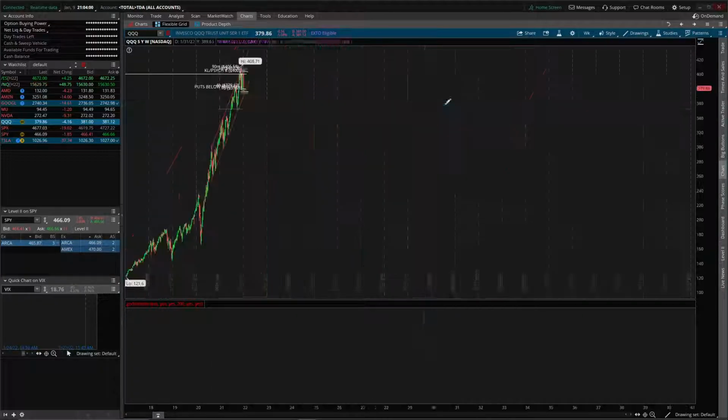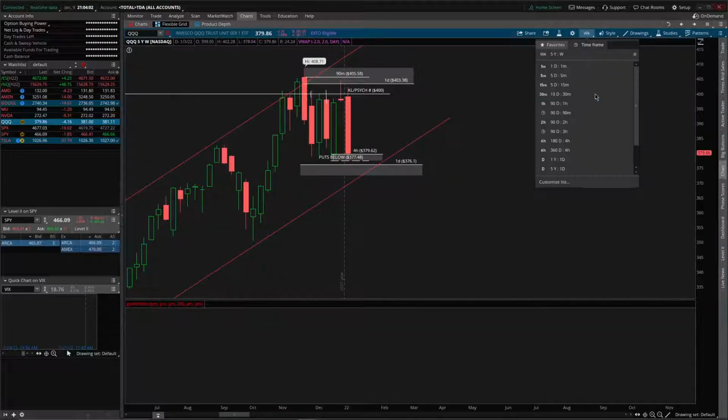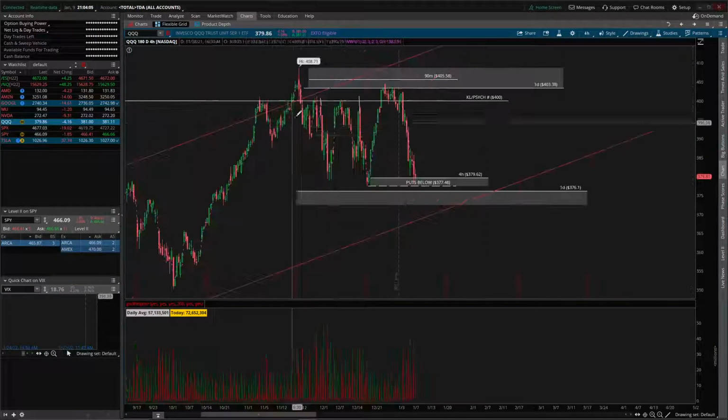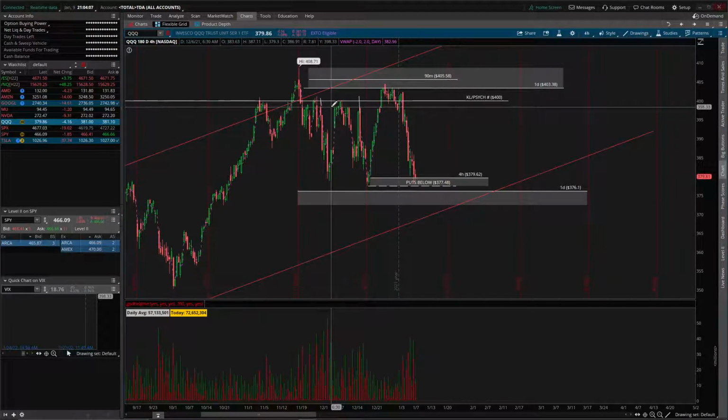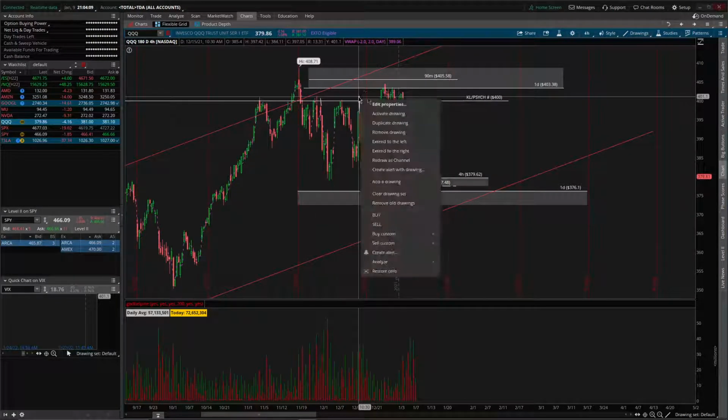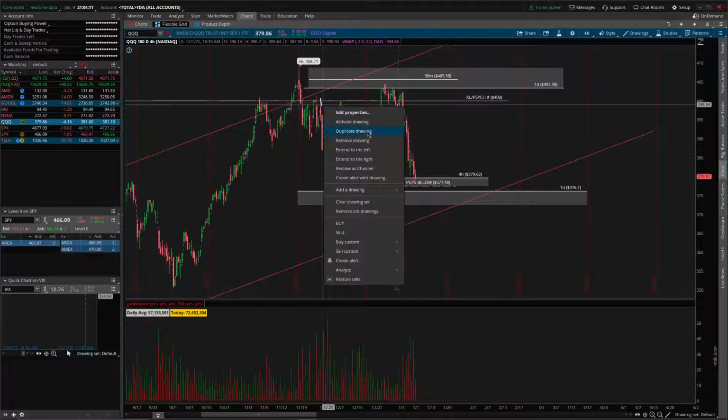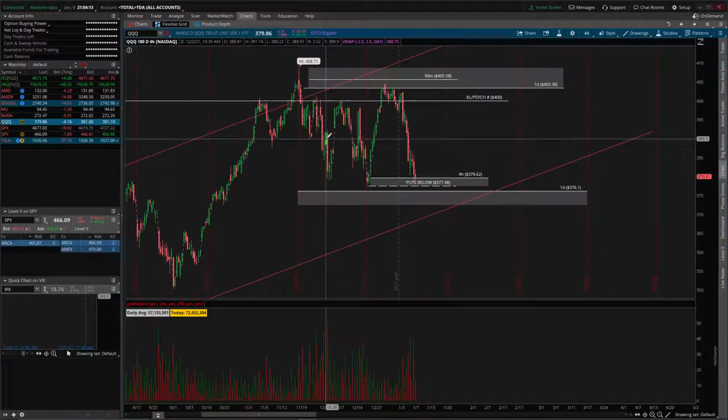Also, whenever price crosses my zones, like we saw on the NASDAQ here, where we had a 1 hour and a 4 hour, whenever price definitively crosses them with volume at the open, once the market is open, I will invalidate those zones and then just go ahead and redraw them.